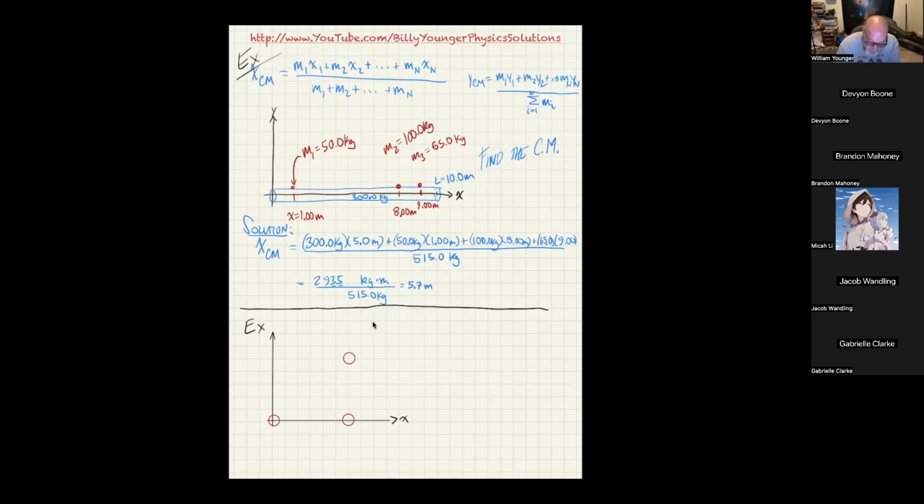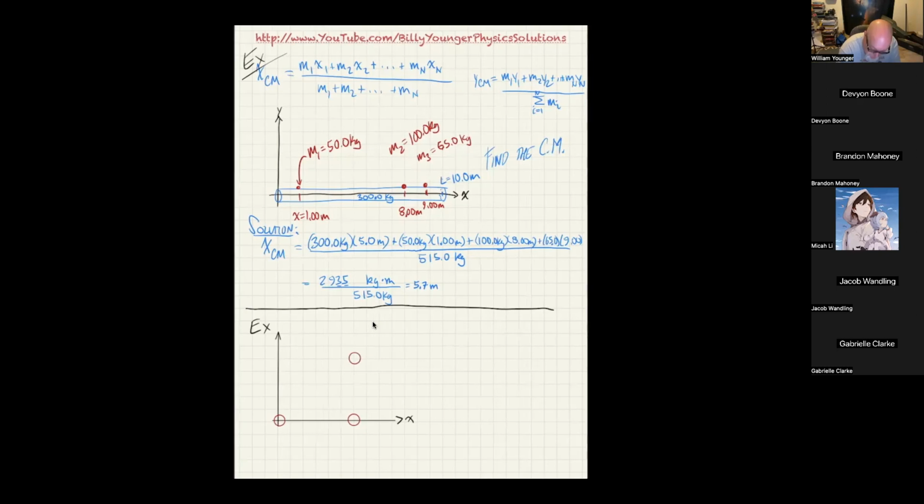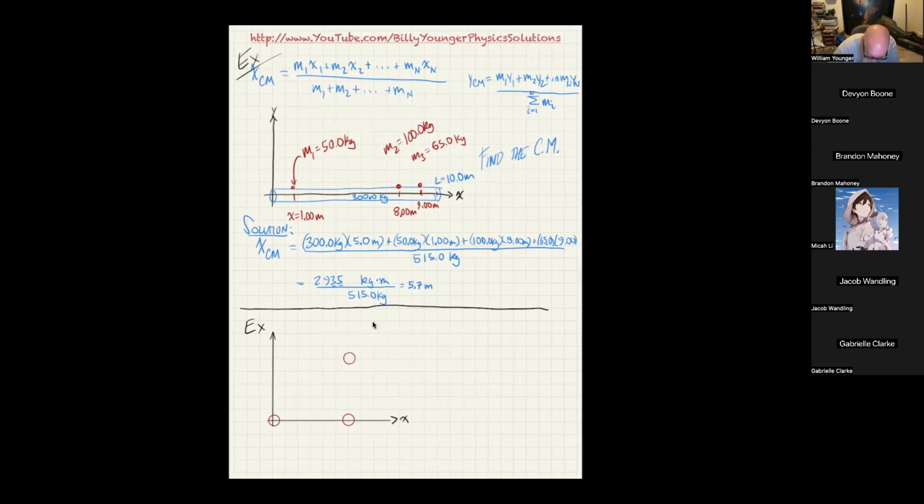Okay. Now, what I'm saying here is this little dimension right here is 2.00 meters. This dimension right here is 1.50 meters. And the other one's right at the origin.